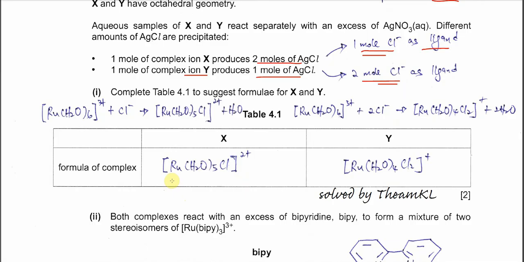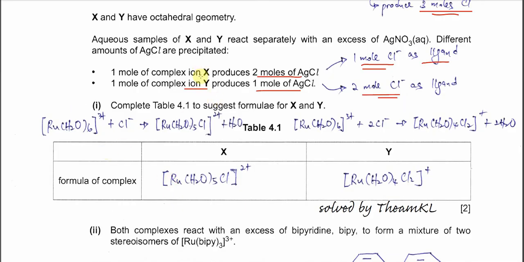So for the complex ion X, how is it produced? One of the chlorides will exchange with an H2O, and it will form this new complex ion. Because it is already mentioned that 2 moles of silver chloride form, it means 1 mole of chloride is a ligand.